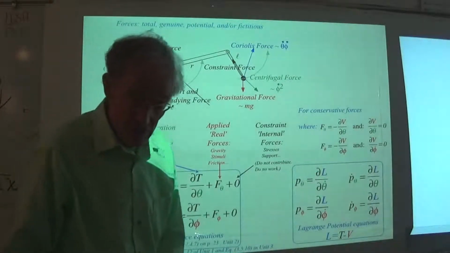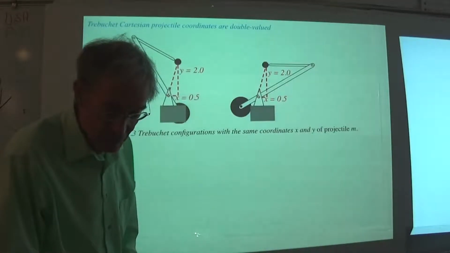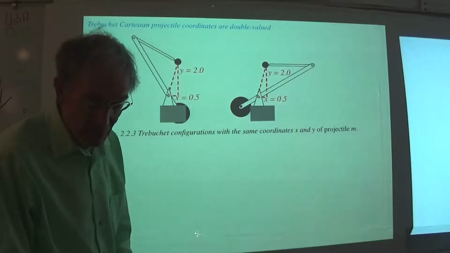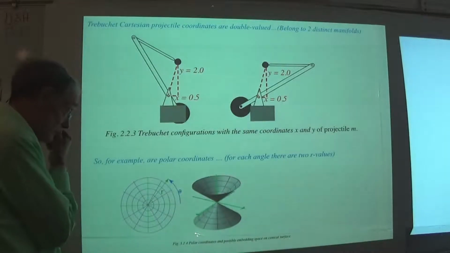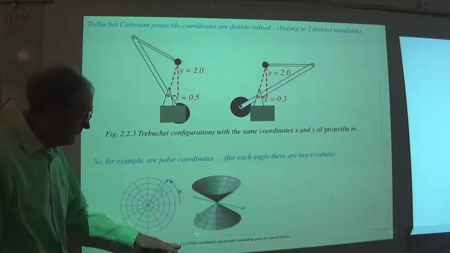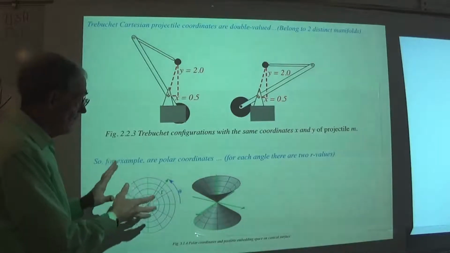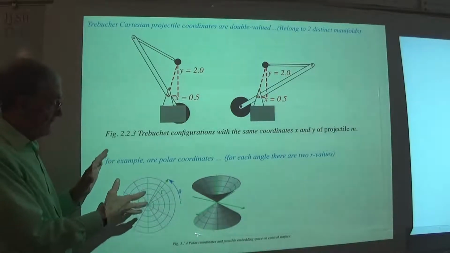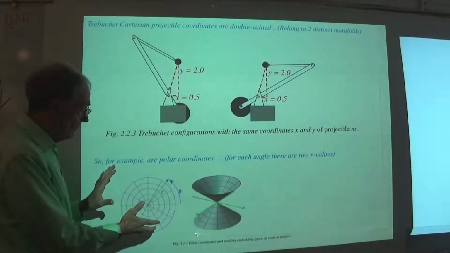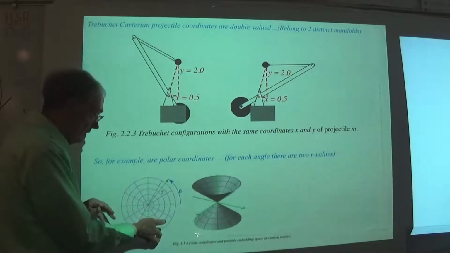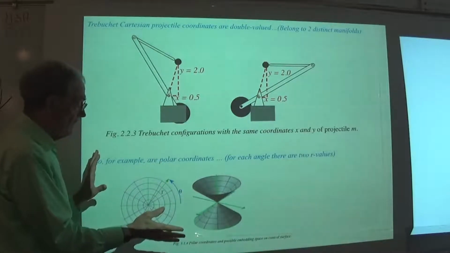All right. Now, we do have some nasty stuff that we have to go through, but we might not get to that, because I think it's at this point that I would like to bring up something that's in Unit 3. And that was when we did our first try at a curvilinear Lagrange formalism, Lagrange equations. It was polar coordinates, and yeah, it curved, but the radii didn't curve, they were straight.